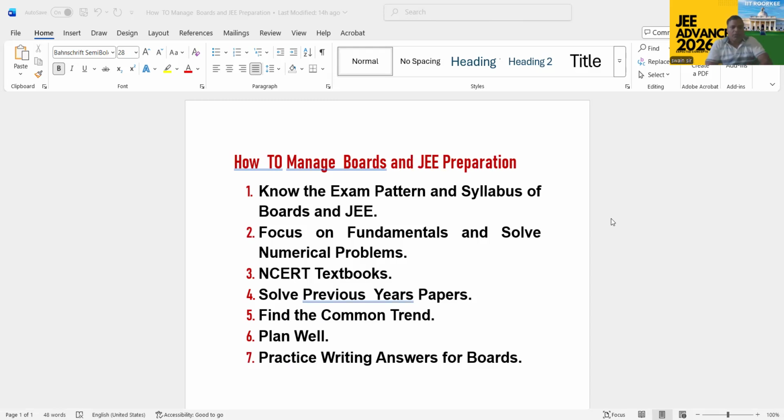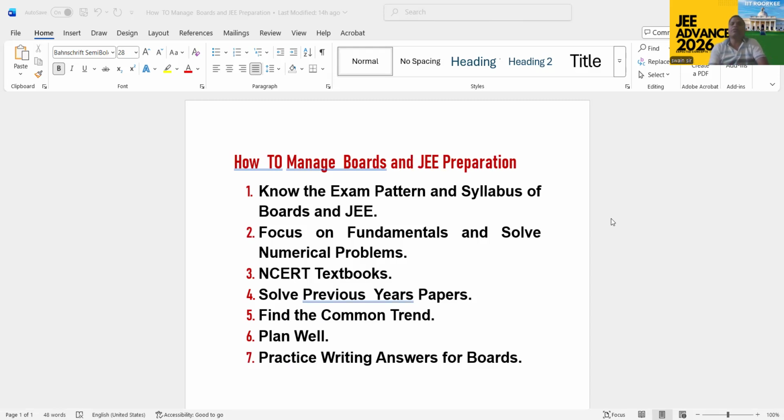Okay, basic concepts of every topic remain the same. While preparing for your boards, focus on understanding the concepts and solve a lot of questions and numerical problems on the same. This approach will help you to simultaneously prepare for JEE.